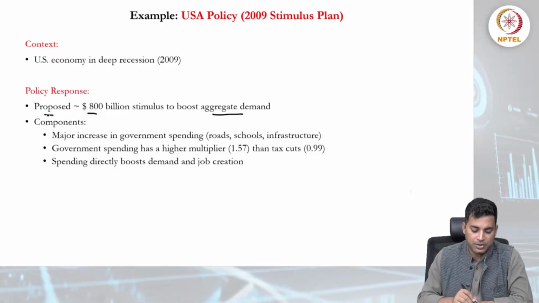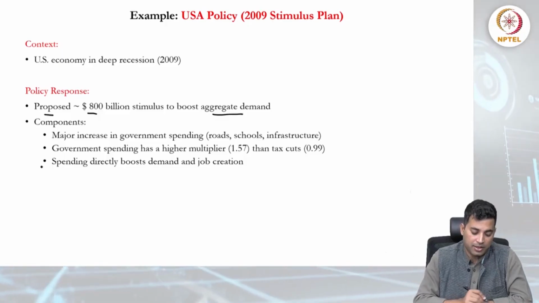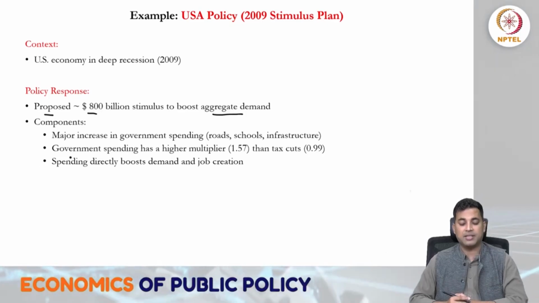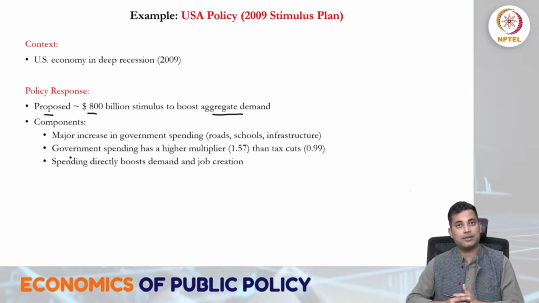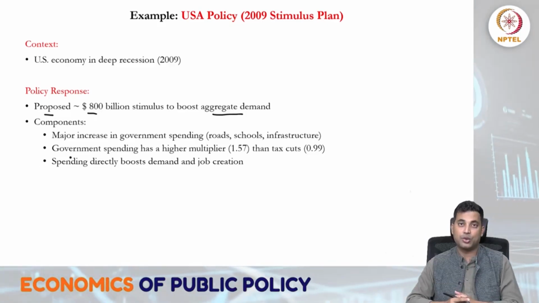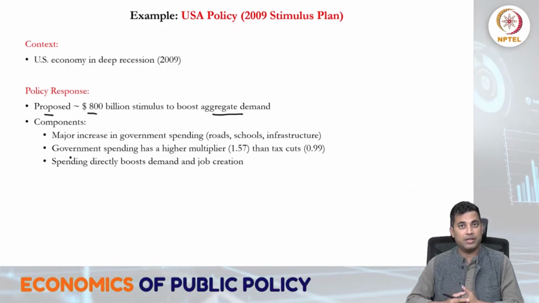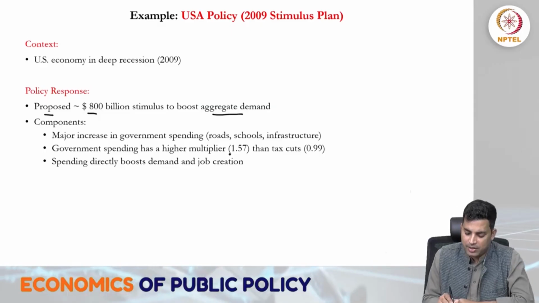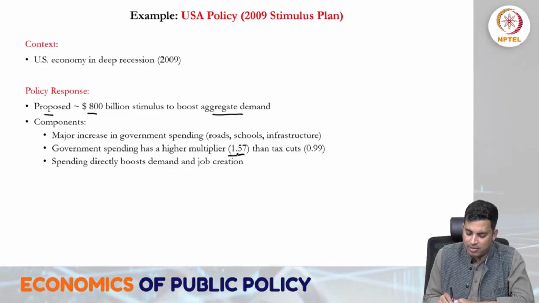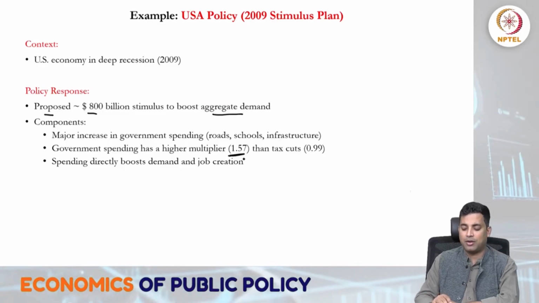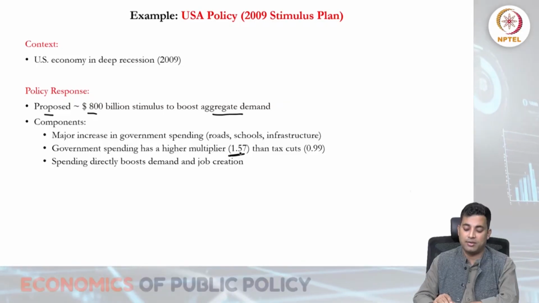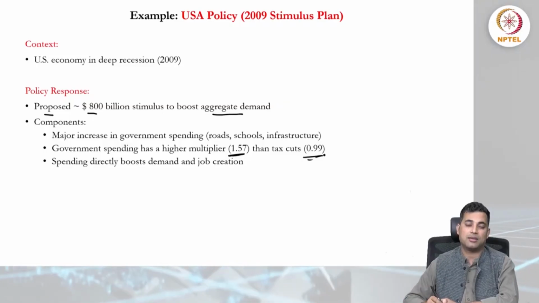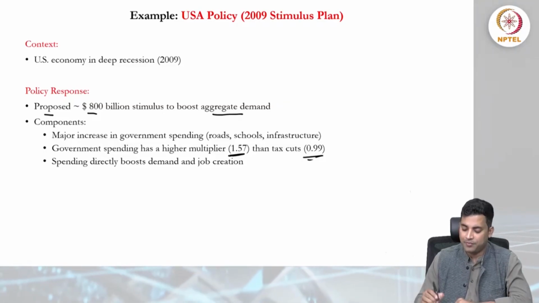The major components were a major increase in government spending, like roads, infrastructure, and schools, meaning social infrastructure. Government spending has a higher multiplier effect, of 1.7 or 1.57, while the tax multiplier is just about 0.99.